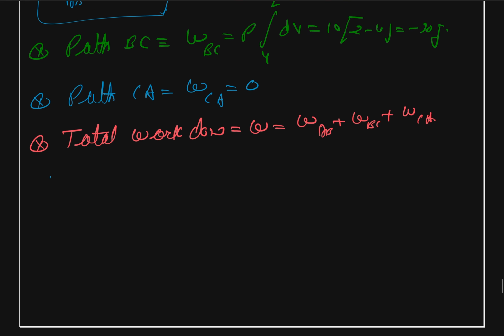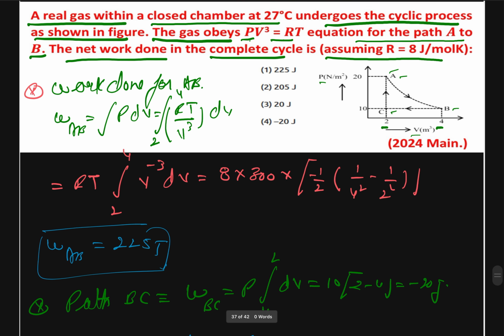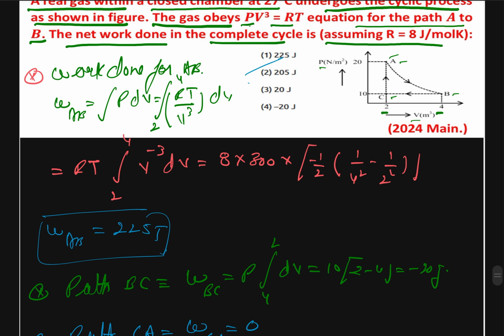We get W is equal to WAB, 225, minus 20 plus 0, giving us that W is equal to 205 joules. So we have option 2 is correct.